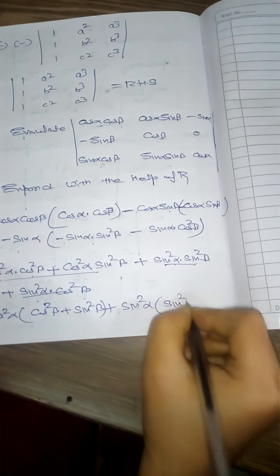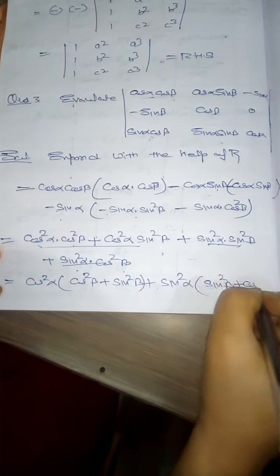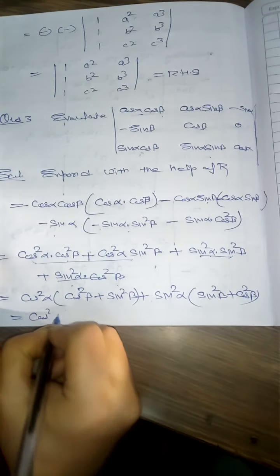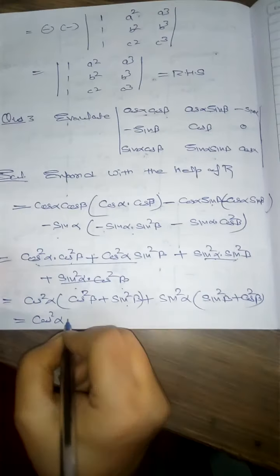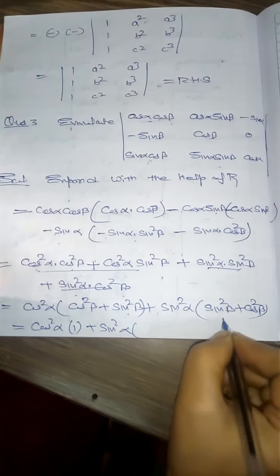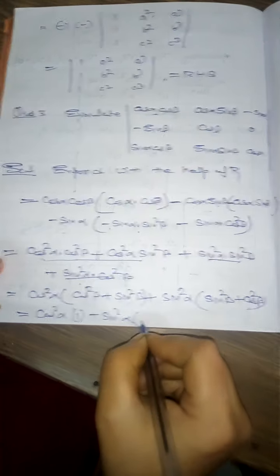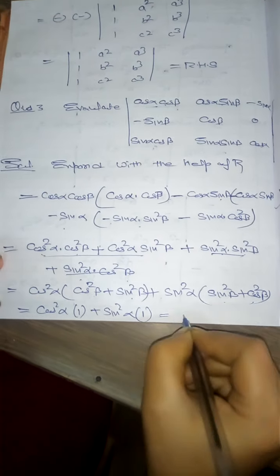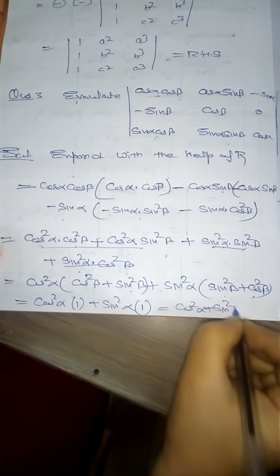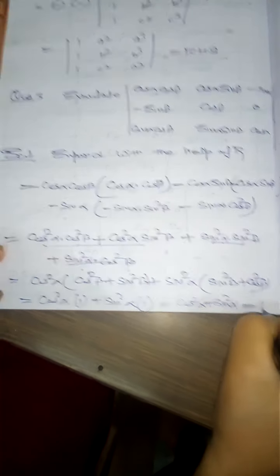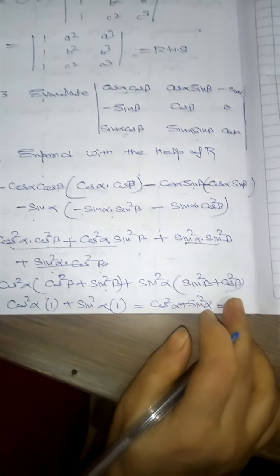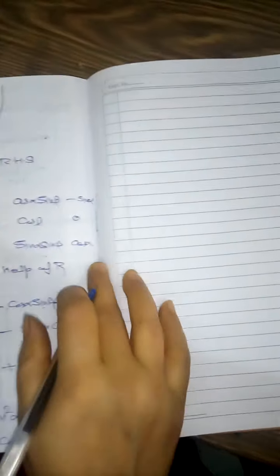Sin square beta plus cos square beta. So you know that cos square beta plus sin square beta is 1, plus sin square beta plus cos square beta is 1. So what is coming here? Cos square alpha plus sin square alpha, and that is also equal to 1. It means the value of the determinant is 1. This is the answer.